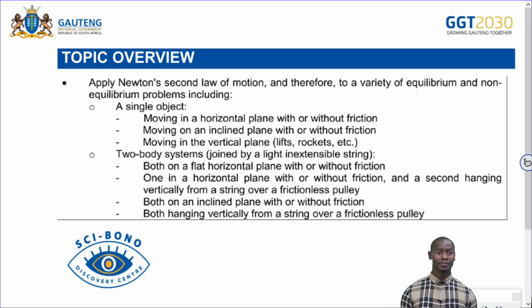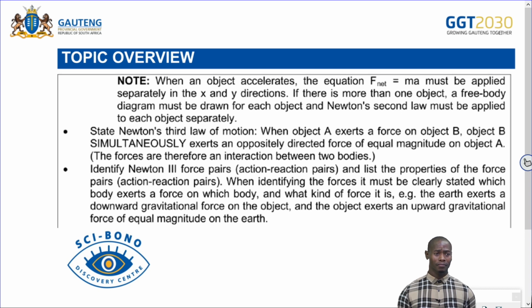Again, under Newton's laws, you must be able to solve problems including a single object moving in a horizontal plane with or without friction, moving on an inclined plane with or without friction, moving in a vertical plane, and also two body systems joined by a light inextensible string, both on a flat plane with or without friction, one in a horizontal plane with or without friction and the second hanging vertically from a string over a frictionless pulley, both on the inclined plane with or without friction, both hanging vertically from a string over a frictionless pulley.